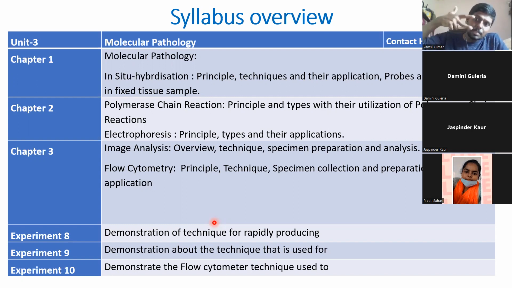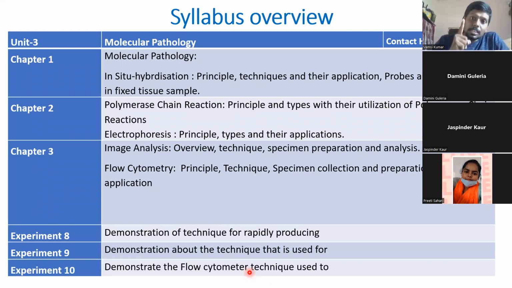So we are using antibodies not at the level of tissue, but now we are going up to the level of chromosomes, at the level of cells. That is your molecular pathology, which is a very interesting thing. And in the 10th experiment, they kept this beautiful technique called flow cytometry. There is an advanced flow cytometer called a fluorescence activated cell sorting machine, which can detect almost 20,000 cells per second.